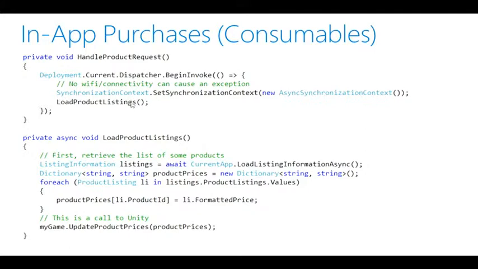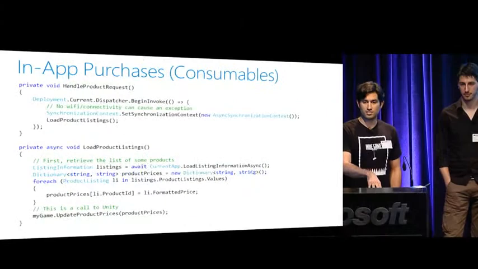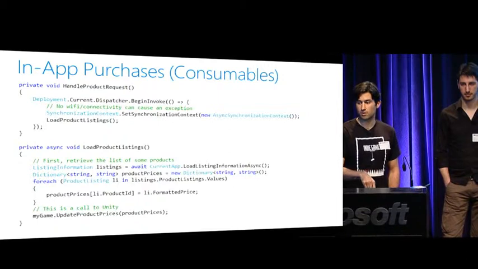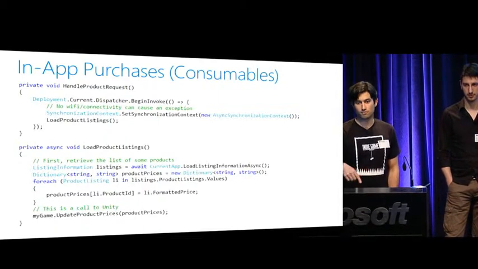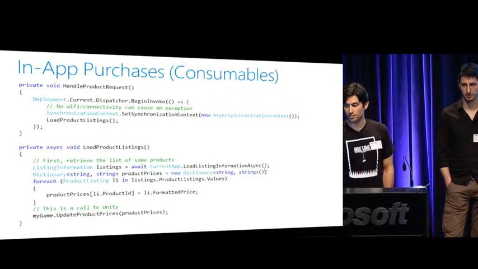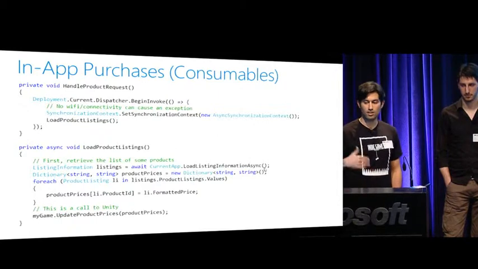The load product listings is where we get into the interesting stuff. So it's an async method because it makes a call out to the Windows Phone Store. We load listing information async. In your dev account, you'll set up your in-app purchases. You'll set product IDs for that. You can filter those if you want by passing an argument to this method, or you can get all of them back.